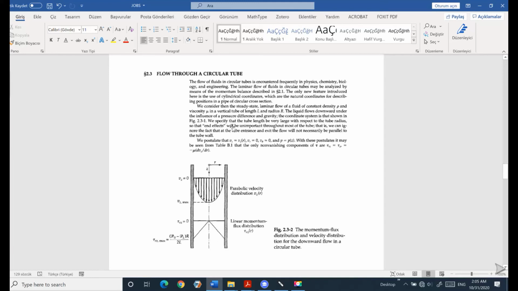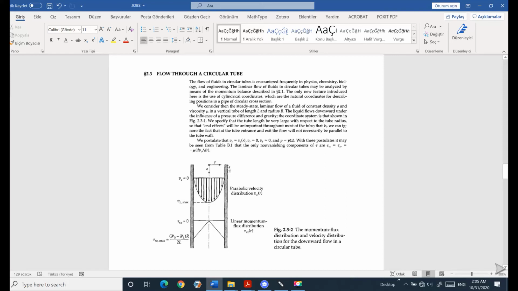Think about a flow through a circular tube. We consider this to be steady state, and the problem gives a laminar flow of a fluid with constant density and constant viscosity, in a vertical tube like this.